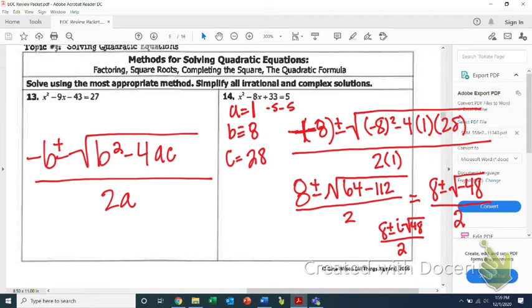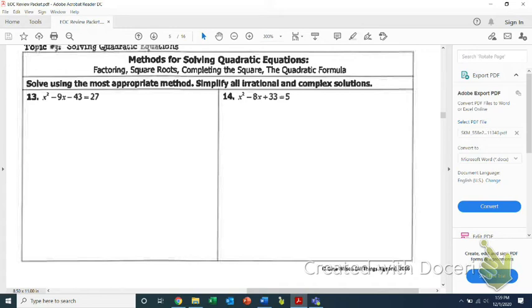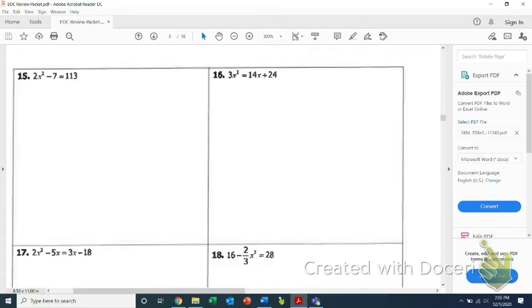All right, I'm going to show you one more easy way, and then I'm going to let you practice the rest of them on your own. All right, on a question like this, this one is fairly easy. So first, it depends on your numbers. If your numbers add out to be easy numbers, I would go the easy route. So for instance, if we add 7 to both sides, I've got 2x squared equals 120.